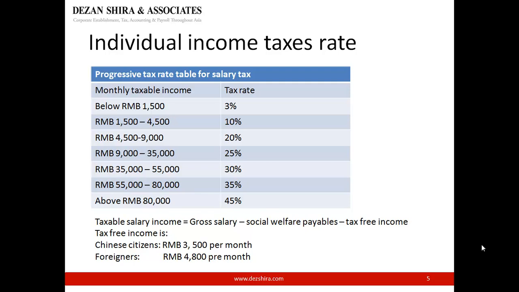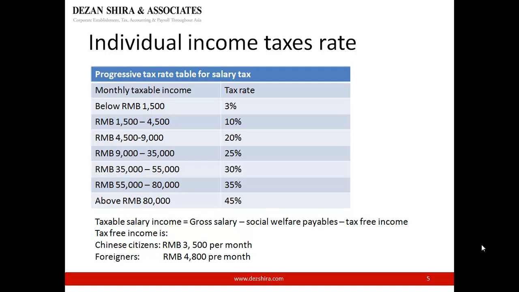It is about 5% of your salary income. Then if you earn 15,000 per month, then the tax will be around 10,000 RMB, which equals 22% of your gross salary income. So this is generally the individual income tax status.